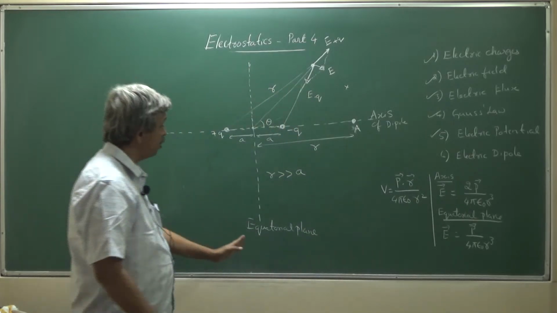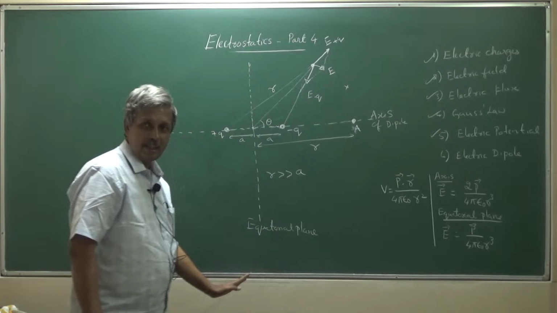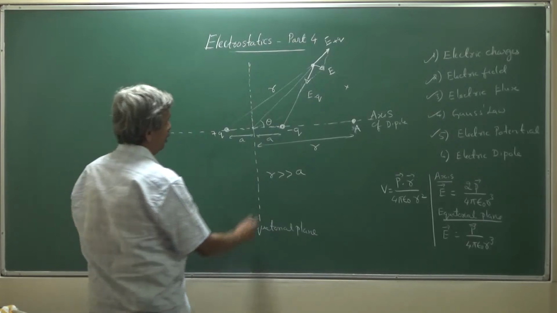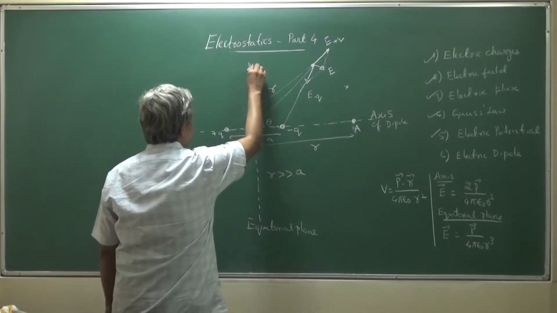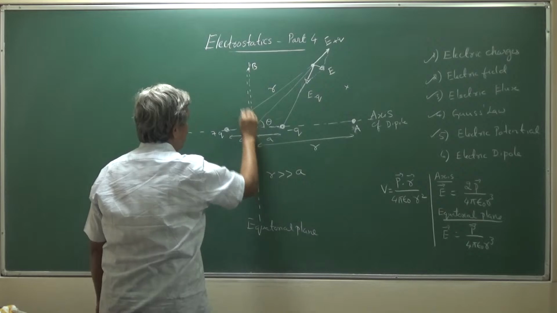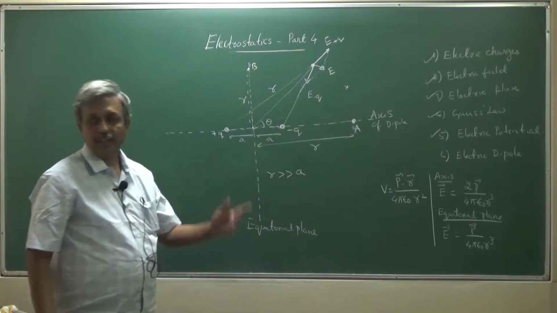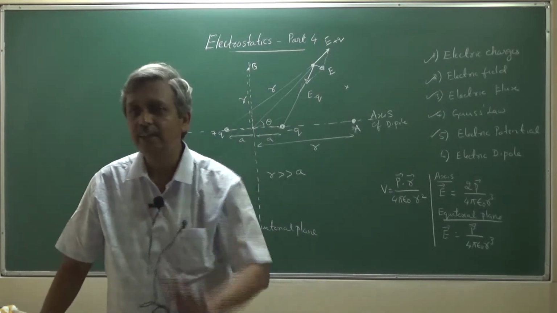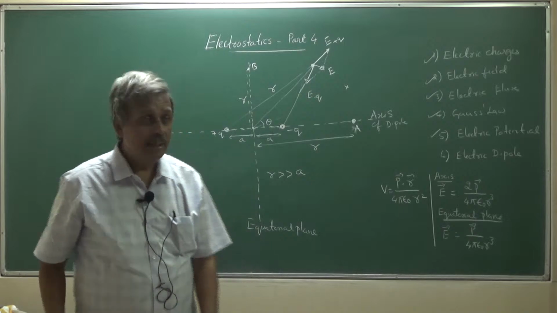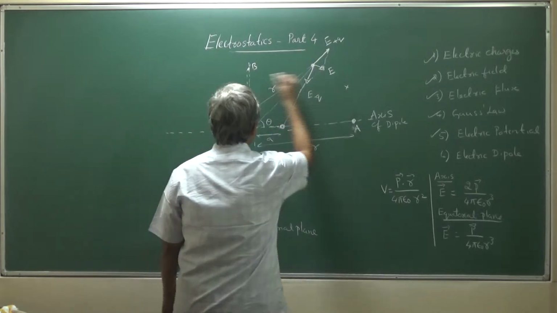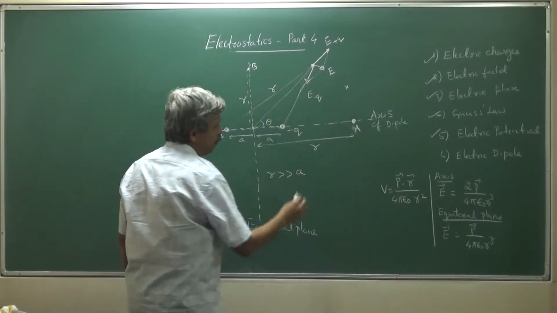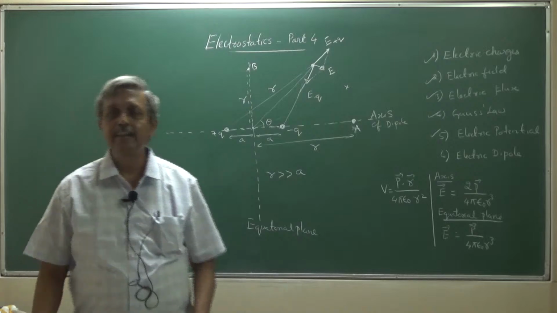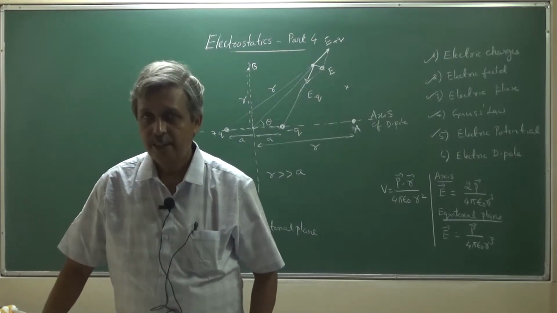Or if you keep the point on the equatorial plane at any distance you want, let us say point P at some distance r, I can calculate it. The derivation is easy to do in these cases, whereas if you keep it anywhere in between, the derivation is a little complicated. Hence that is not in your syllabus.